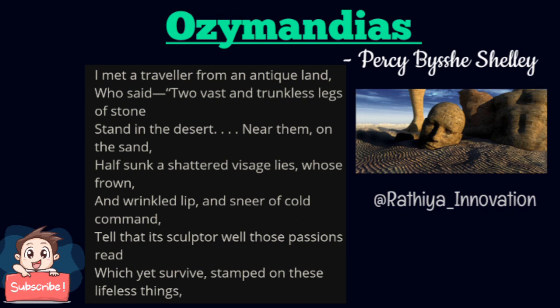Here, near them refers to the two large legs of the statue on the sand, and near them is the face of the statue in a shattered state. Shattered refers to a collapsed manner, and the face of the statue is half sunk into the sand, like a shattered visage.